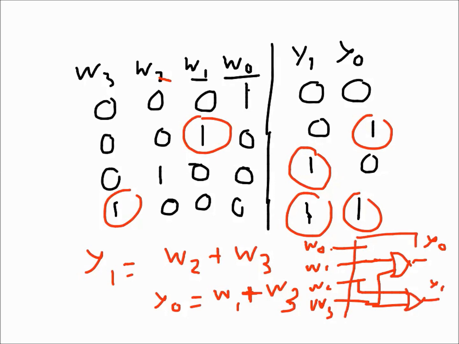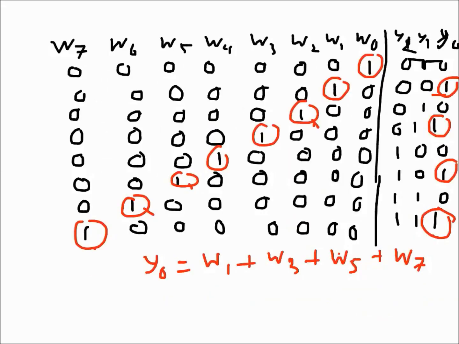So this is the encoder, which is also available as an IC. I will talk about the IC later, but this is the 4 to 2 encoder. There is another encoder called a priority encoder, where more than one input line can be active at a time, but I will discuss that later. This is just for when only one of the input lines can be active at a time.